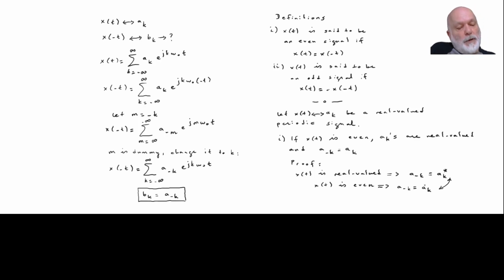So for real valued and even periodic signals, the Fourier coefficients turn out to be real valued, and a minus k is equal to ak.